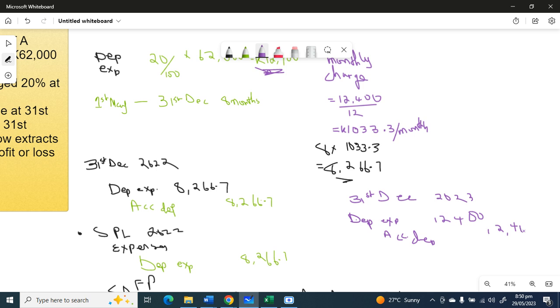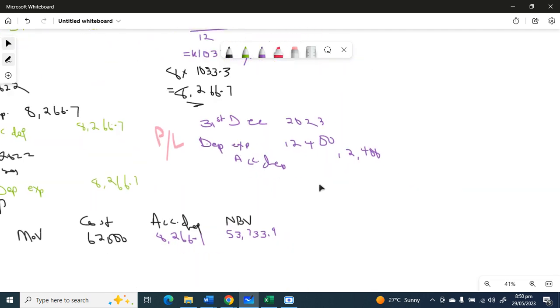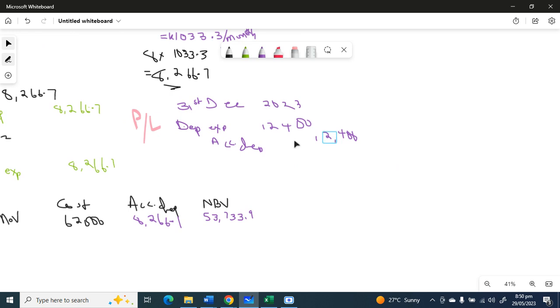For the extract of the statement of profit or loss, this will be your depreciation expense, 12,400. This one here in the debit goes to the statement of profit or loss. Then, on the balance sheet, accumulated depreciation.